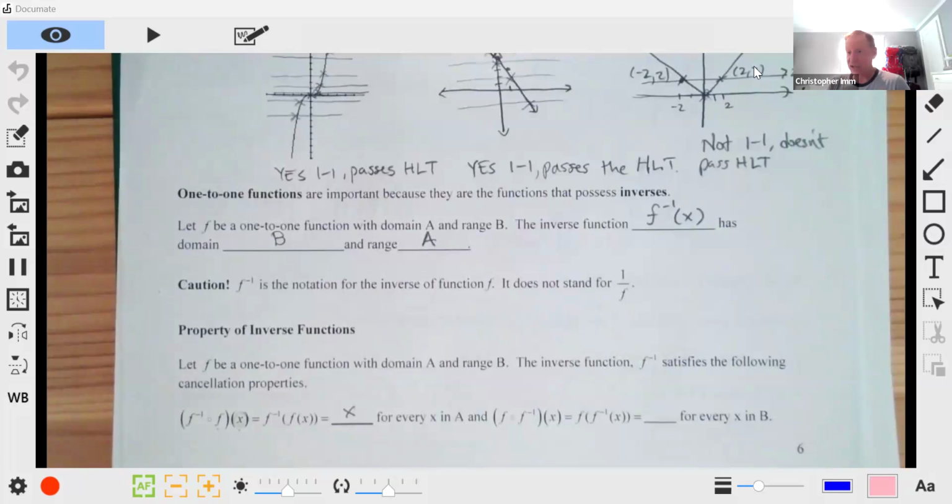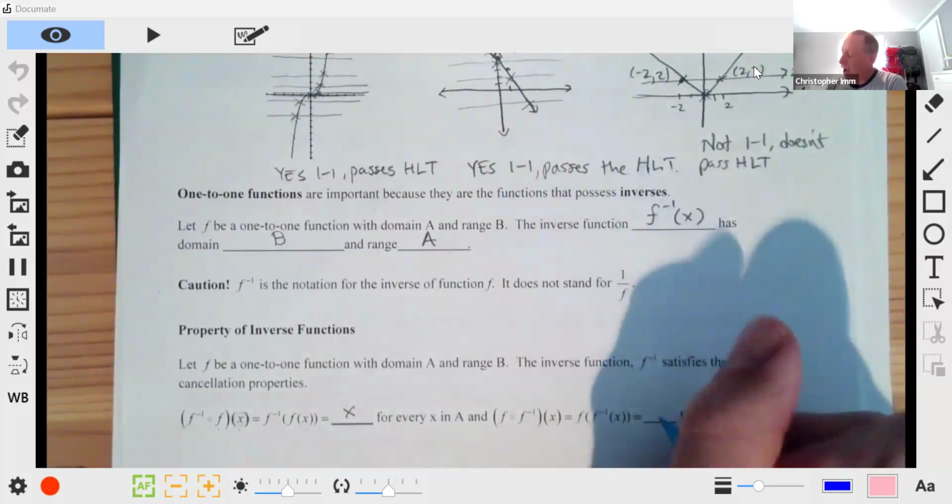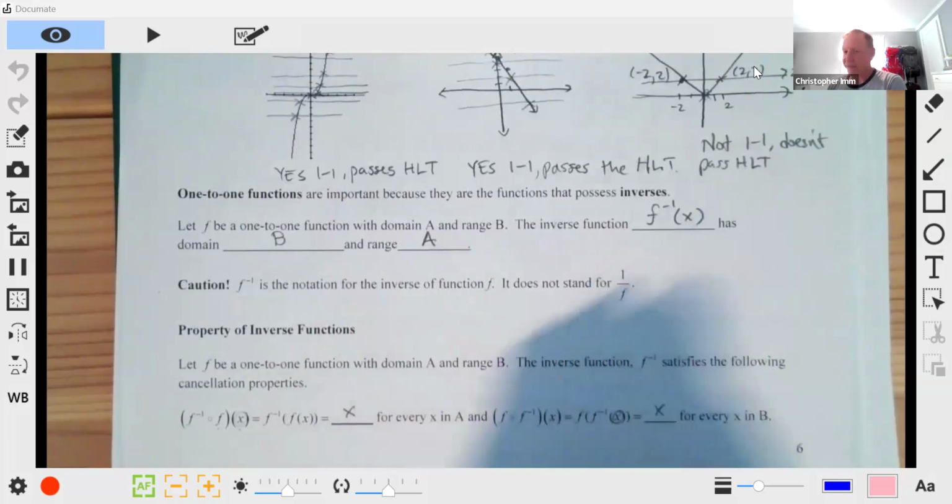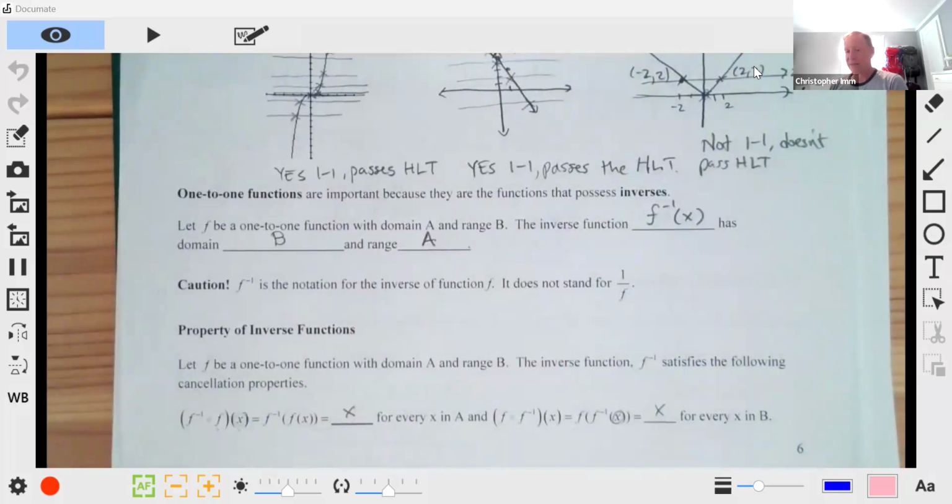It's like division, it's like dividing by a function, but it does it with functions that can't be divided. So this is actually going to go ahead and undo that function. Similarly, if I have an inverse function and if I apply the function to an inverse function, I will get back what's in the middle there, what it's applied to.